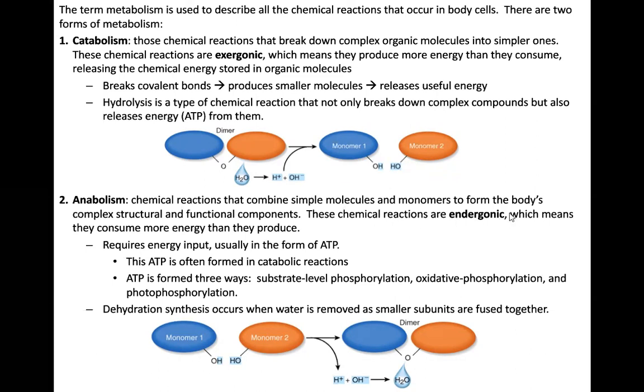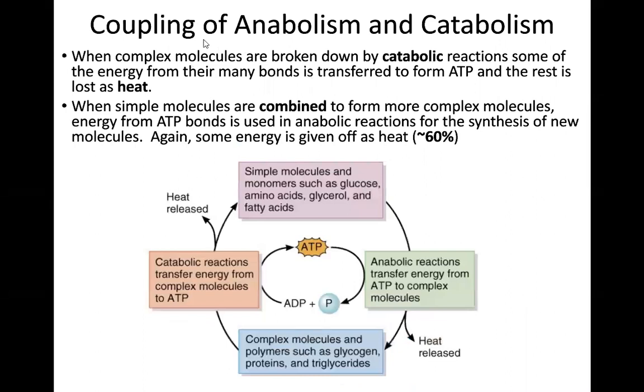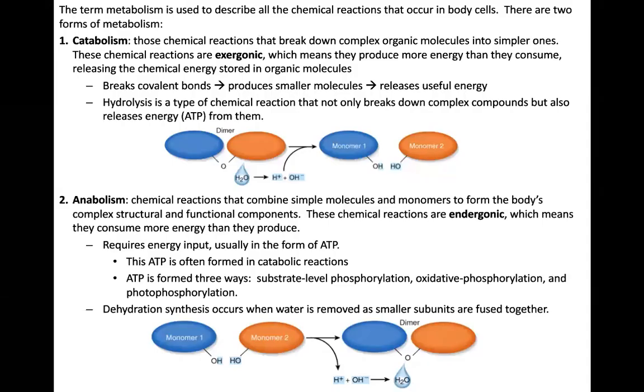These chemical reactions are endergonic, meaning that they consume more energy than they produce. This energy comes in the form of ATP that we need to have for this reaction to occur. What's nice is that we form the ATP to power this, demonstrating that these reactions are coupled. They go together. I'll get to that in a second.